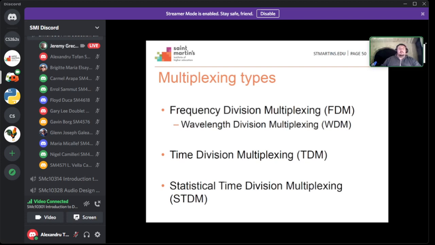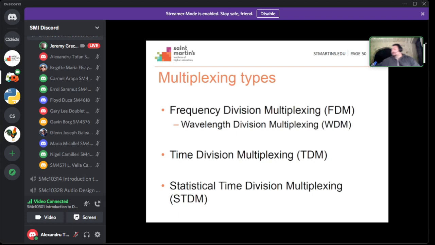Essentially, the frequency is the amount of cycles. The difference between frequency and wavelength is that frequency is the amount of cycles you're going to have per second. Wavelength is the length between the start of one cycle and the start of the next cycle.